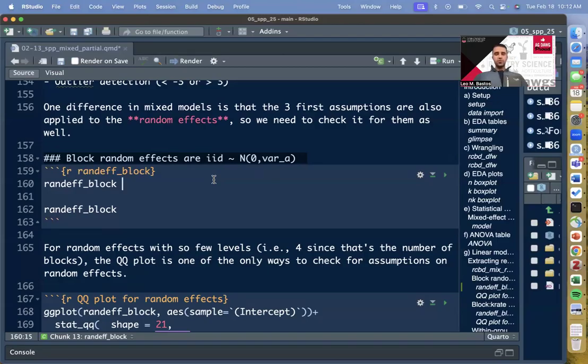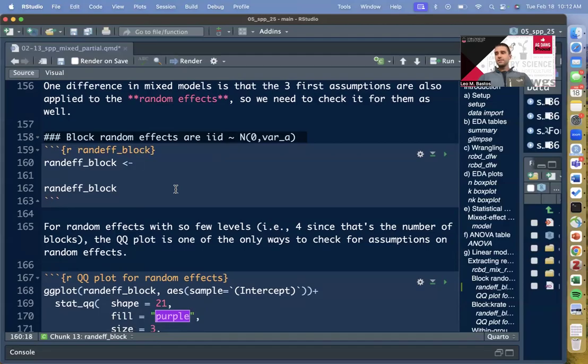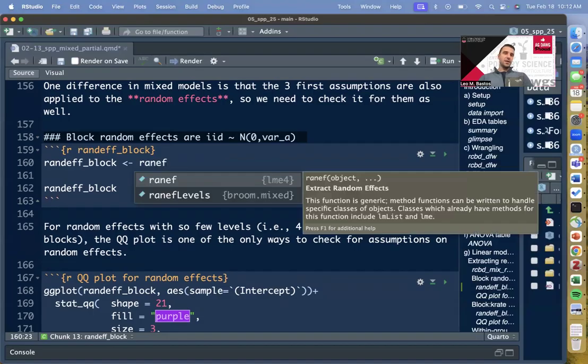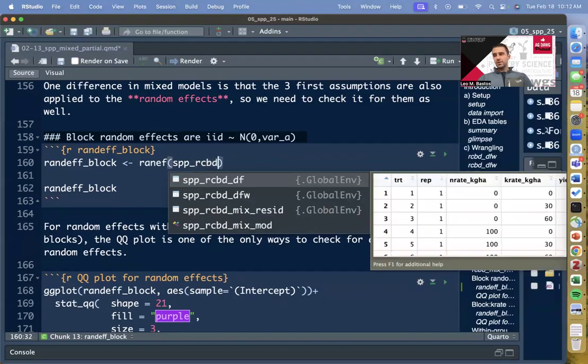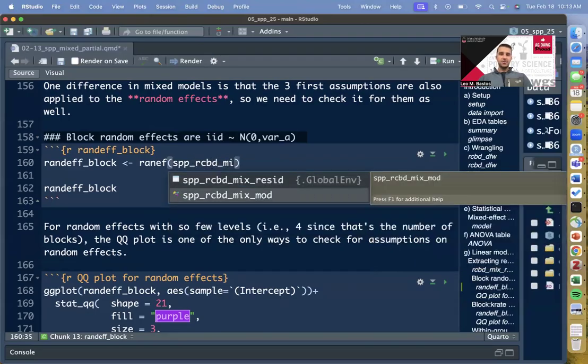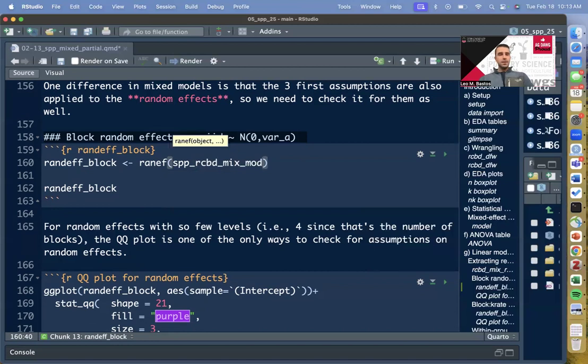To extract the residuals from the random effects, if you want to start coding with me, we're going to use another function. It's called ranef, for random effects. We just give the model here. The model name is SPP_RCBD_mix_mod.